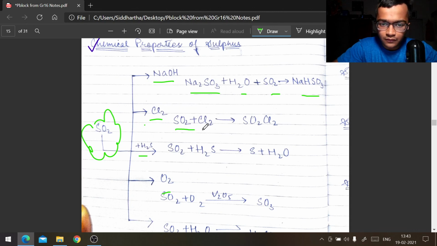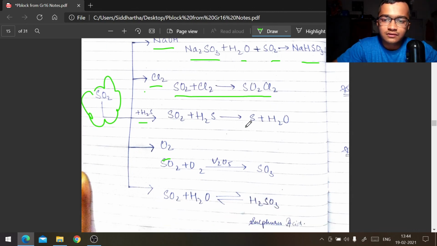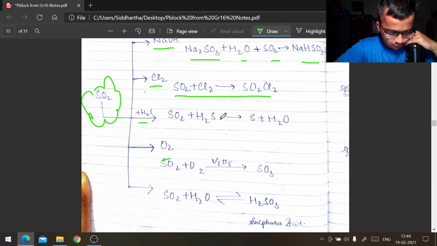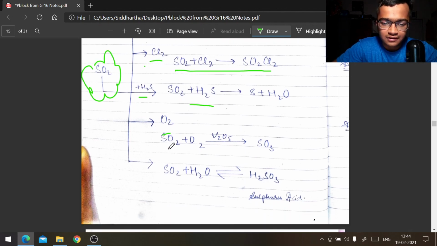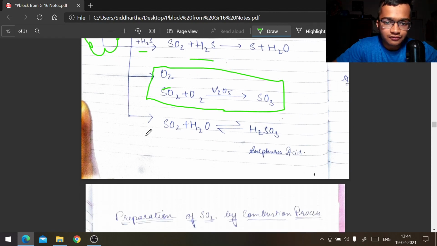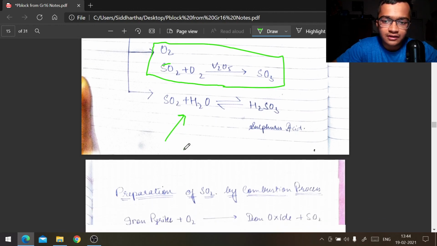SO2 plus Cl2 gives SO2Cl2, and SO2 plus H2S gives S plus H2O. With O2, in the presence of vanadium pentoxide, SO2 gives SO3. This is very important, and we will study it in the contact process of manufacture of H2SO4. SO2 in the presence of H2O gives H2SO3, and this is a reversible process.